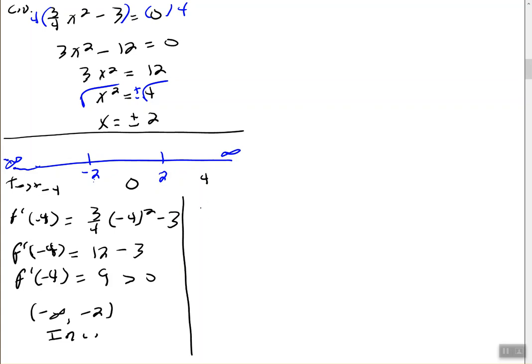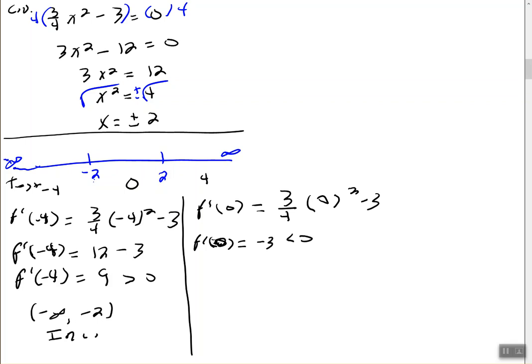Okay, what about f prime of 0? For f prime of 0, we end up at -3, which is less than 0.